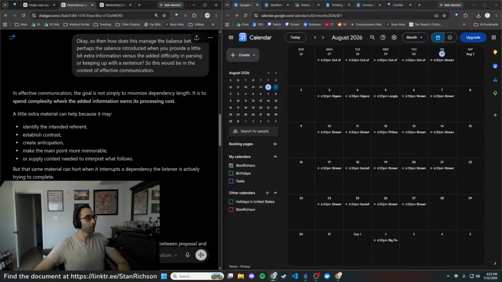All right, in effective communication, the goal is not simply to minimize dependency length, it is to spend complexity where the added information earns its processing cost. And of course, you're not going to be able to do that in the moment. A little extra material can help because it may identify the intended referent, establish contrast, create anticipation, make the main point more memorable, or supply context needed to interpret what follows.